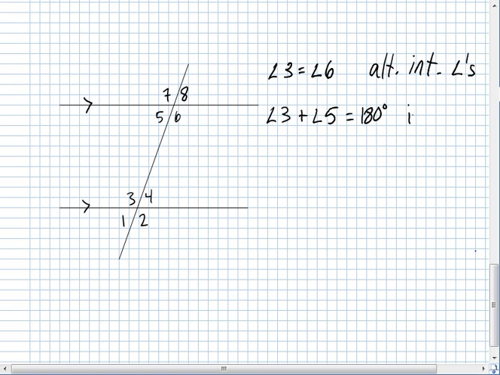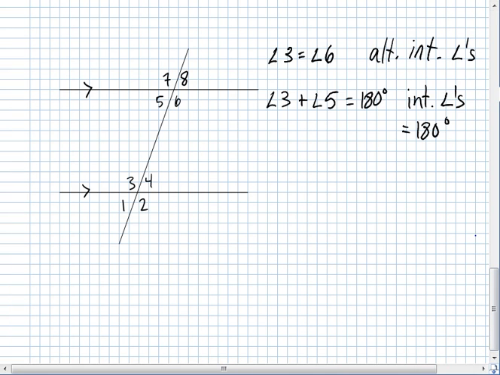So I should just say interior angles equal 180, like that. And so if I knew what angle 3 was, I could calculate angle 5 by just subtracting from 180. The textbook actually calls those co-interior angles. You could call it that as well if you want. To say co-interior angles equal 180.